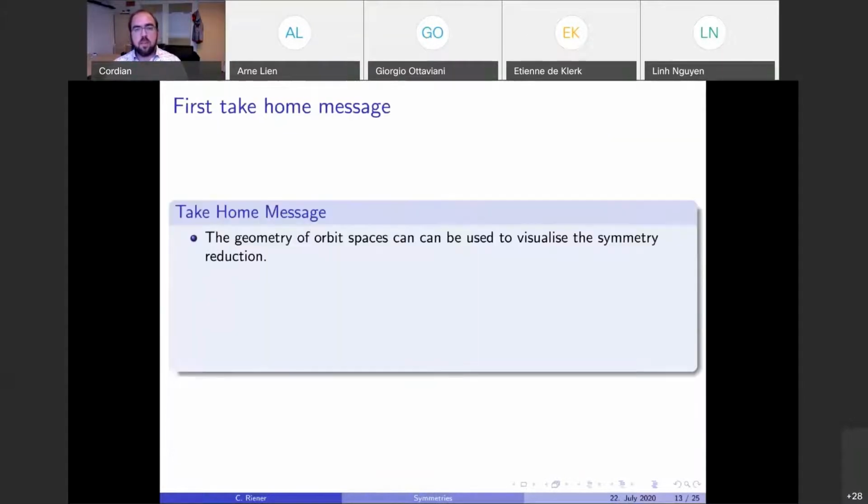This was maybe a brief introduction to orbit spaces, but the takeaway message is that the geometry of these orbit spaces can be used to see and visualize the symmetry reduction that we have been seeing last week, namely the map that we take by replacing our initial polynomials with the corresponding polynomials in the generators of the invariant ring.